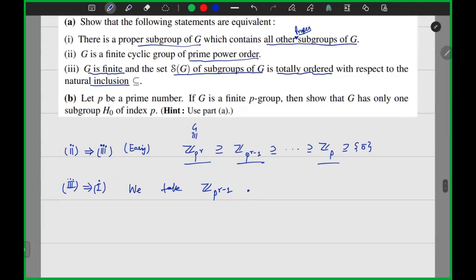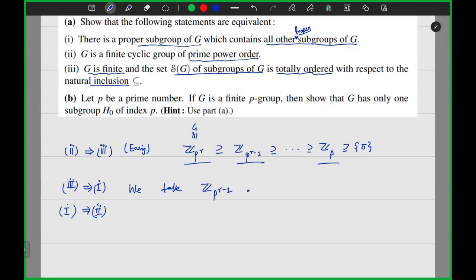What about one implies two? For the time being, we can assume G has infinite order.